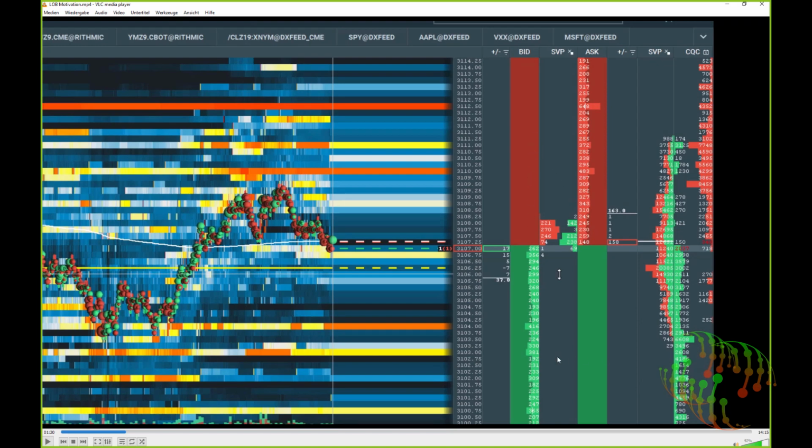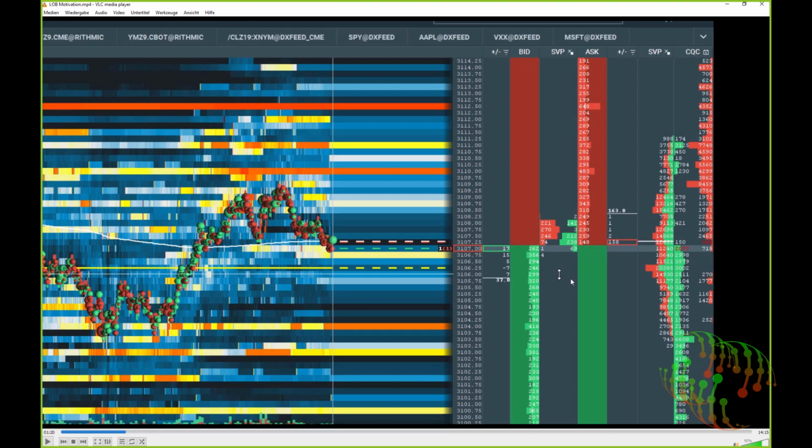We will see why this is important. But more than that, it shows you exactly here in this traded column what is really happening and what is really traded here.